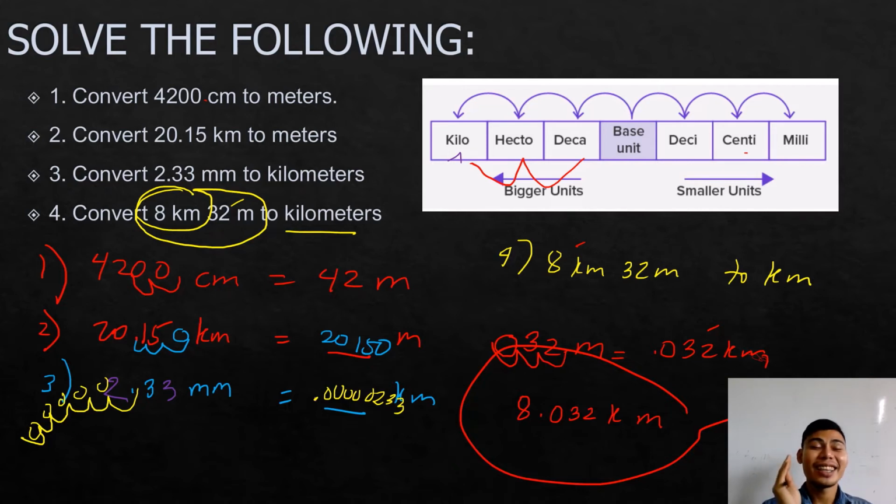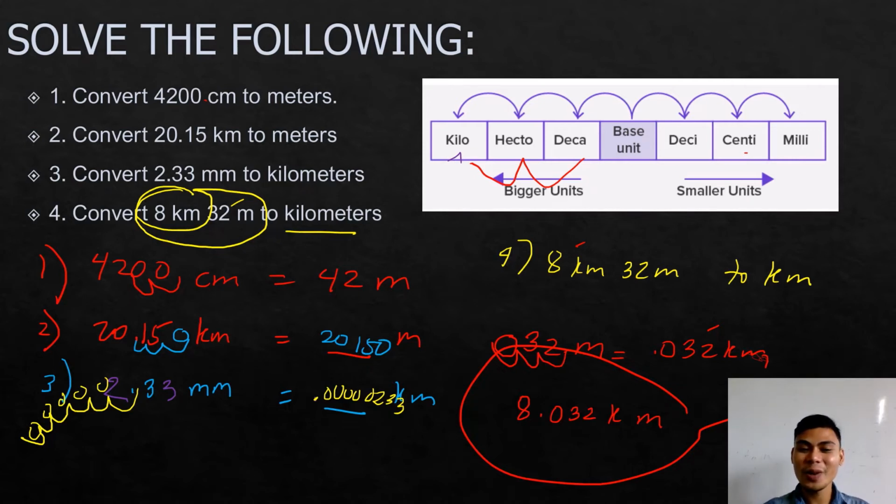I forgot. Sige, again. Normal lang po tayo. May times na makamemorize agad, may times na hindi. Huwag kalimutan si centi. Millimeter, centimeter, decimeter, meter, decameter, hectometer, kilometer. And that's it.